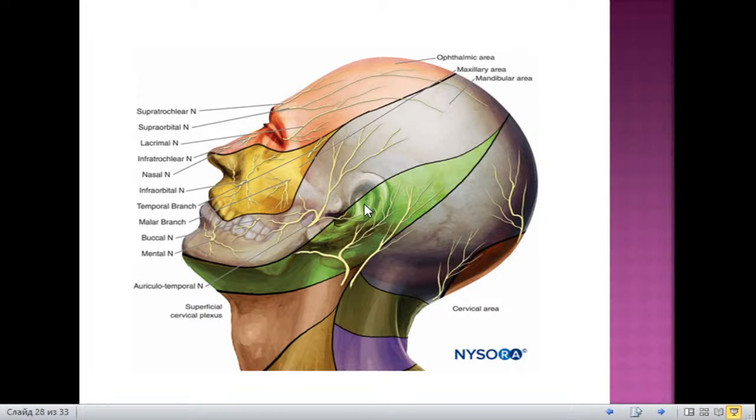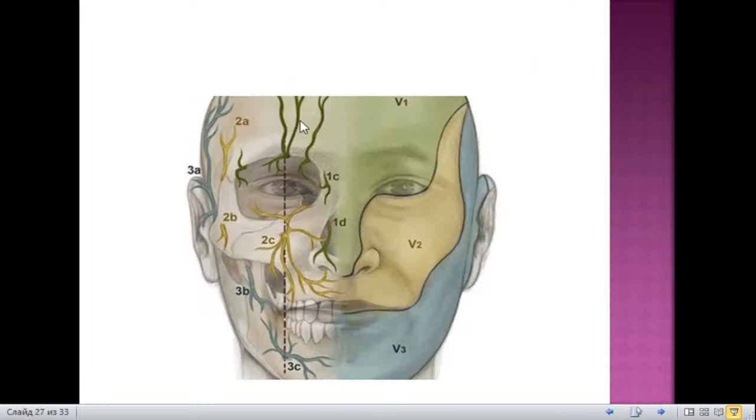Behind the auricle, it is the cervical area. So this part of the skin receives nerve supply chiefly from the spinal nerves. About the cranial area, skin in this region receives nerves from the three divisions of the trigeminal.